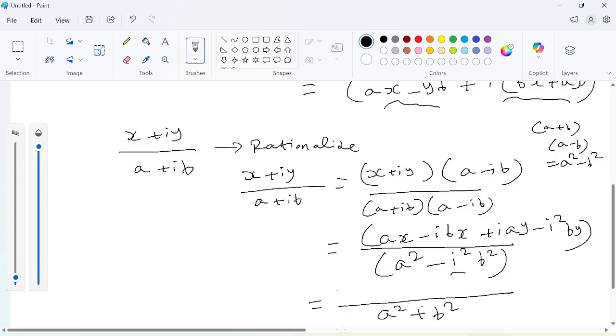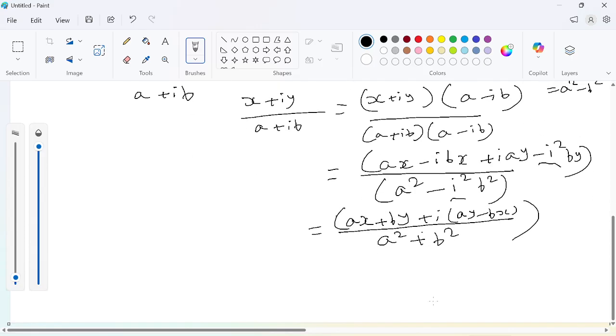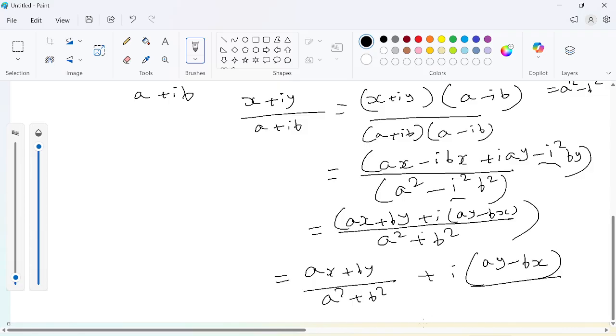Again here, minus i square will be plus 1. So now it will be ax plus by, plus i into (ay minus bx). Now I will bring the real numbers to this set. See, (ax + by) by (a square plus b square) plus i into (ay - bx) by (a square plus b square).